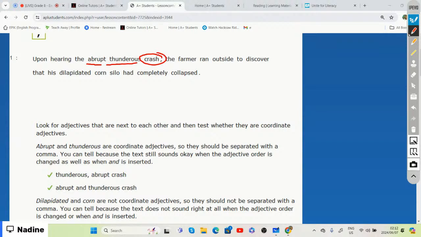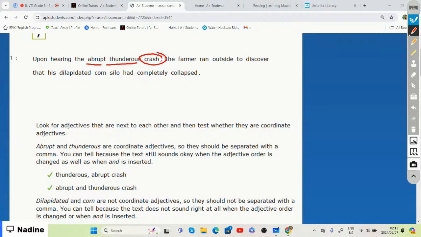Remember, we said that only if we identify that an adjective is a coordinate adjective, then we can separate it with a comma. And you can tell because the text still sounds okay when the adjective order is changed, as well as when "and" is inserted.